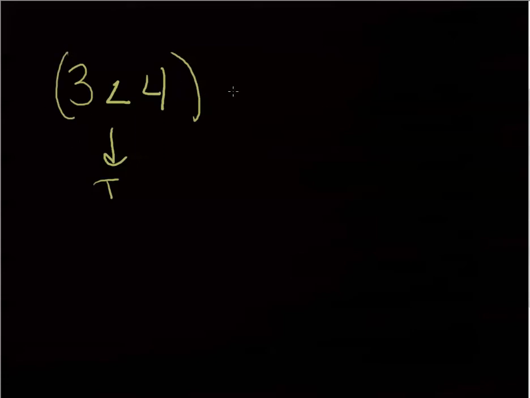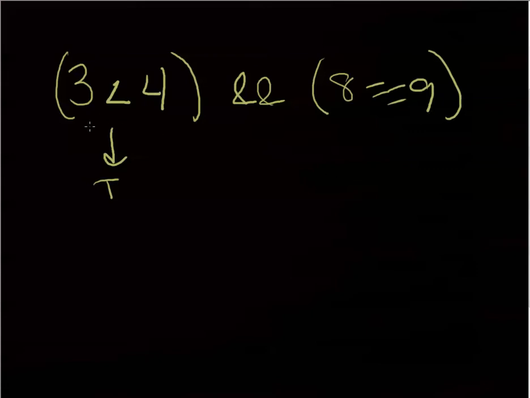Let's say we've got a Boolean expression. I'm not going to use variables here, we'll just make them straightforward. 3 less than 4. That Boolean expression, of course, resolves to true. Let's say, and we're going to put it in parentheses to make the precedence a little more clear, we've got 3 less than 4, and then another Boolean expression, 8 equals 9, the double equal sign.